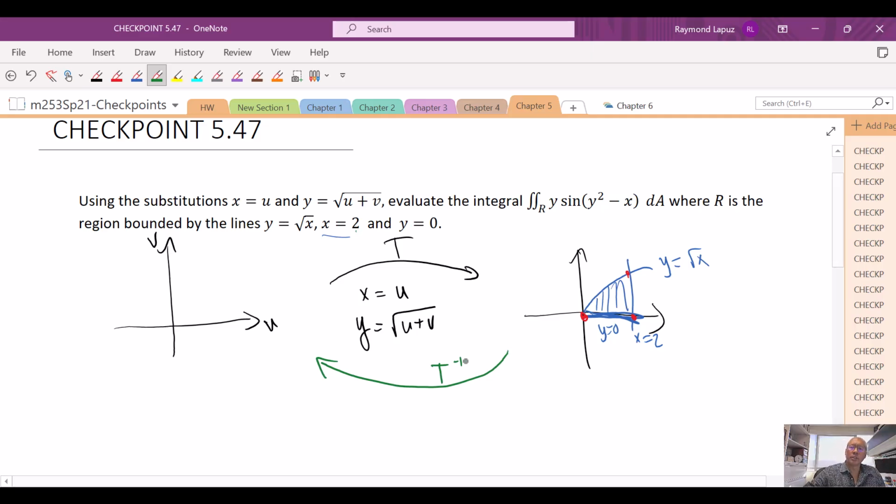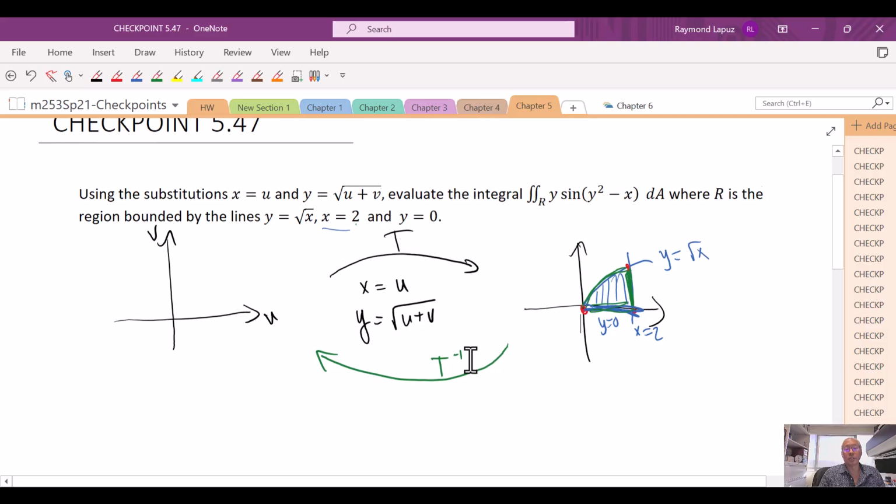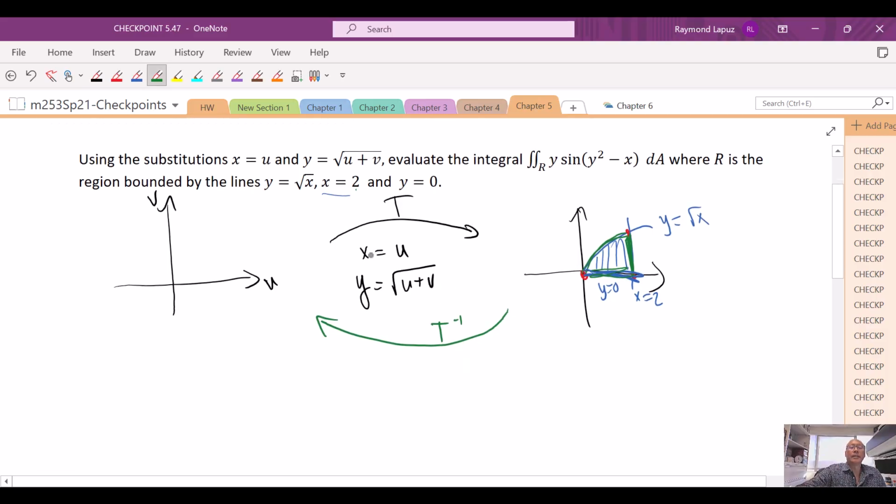But what we're going to do instead is take a look at line segments, this line segment, this line segment, this line segment, and see where that goes as we bring it over to uv. We're still going to need to know what the inverse transformation is.